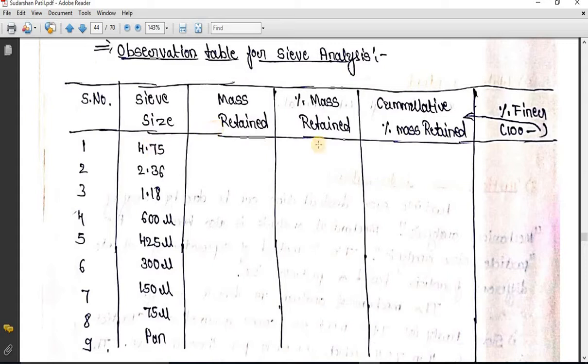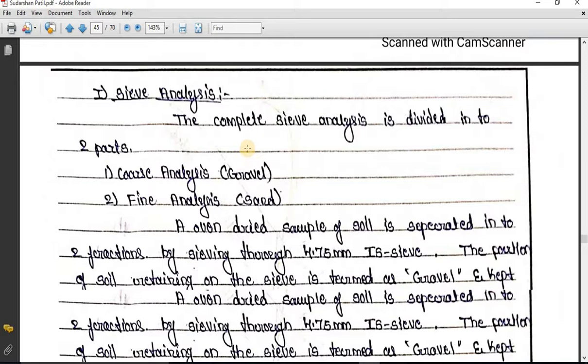Percentage finer means how much soil is passing through that particular sieve. Let us think that 5% is remaining on the 4.75 mm sieve. What is the percentage finer? Percentage finer is 95%. Similarly, we calculate for all of these.